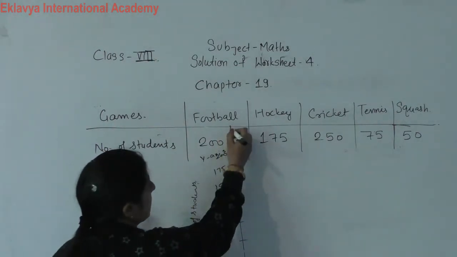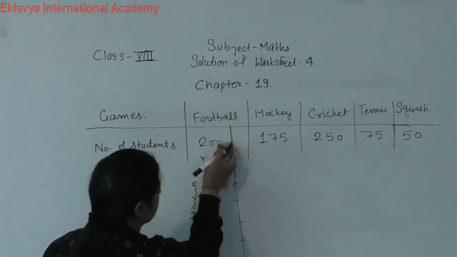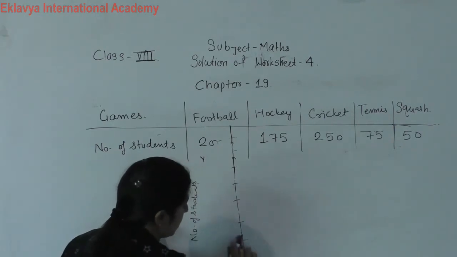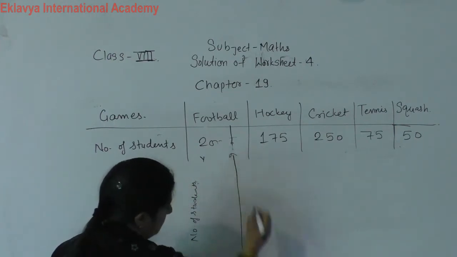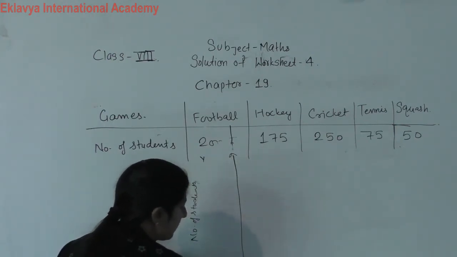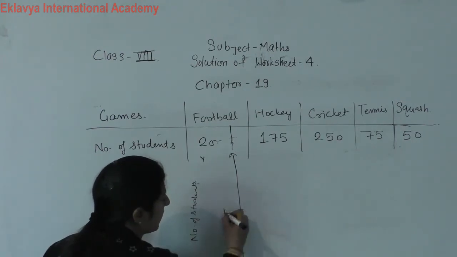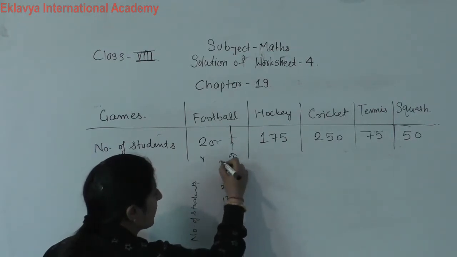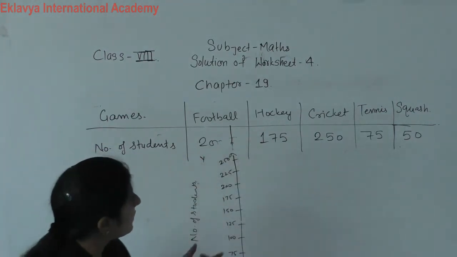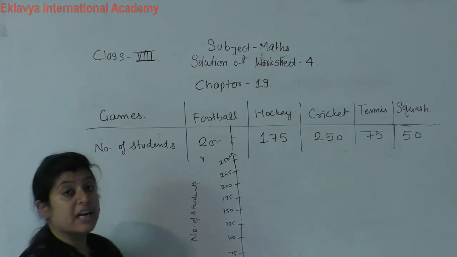It means we have to take the scale further. In the graph, with one big box each: 25, 50, 75, 100, 125, 150, 175, 200, 225, 250. So minimum value we need is 50 and maximum value we need is 250.